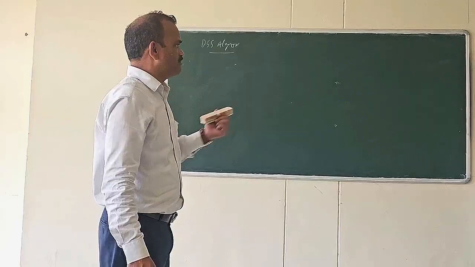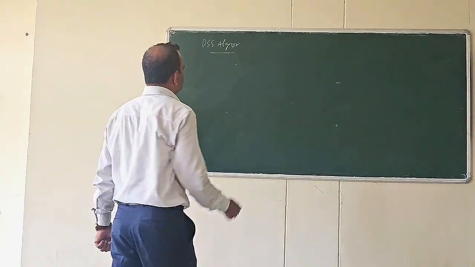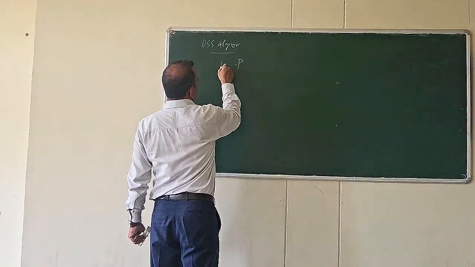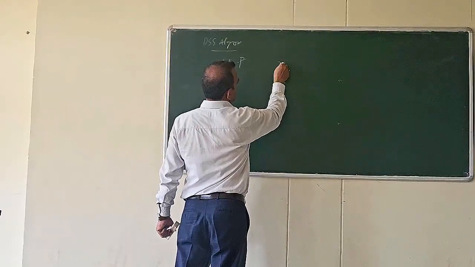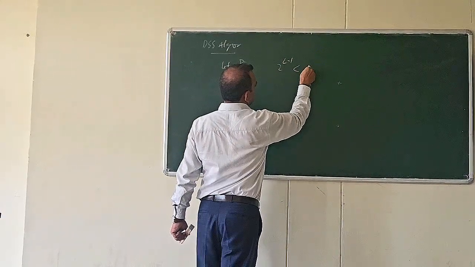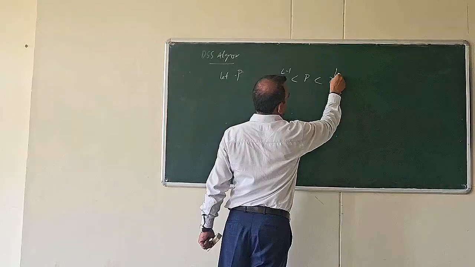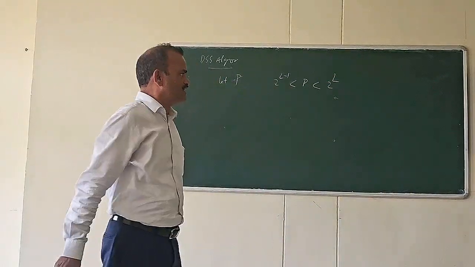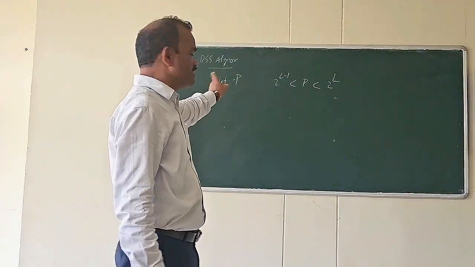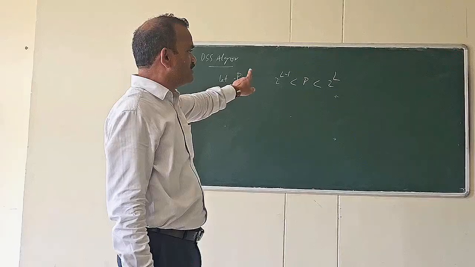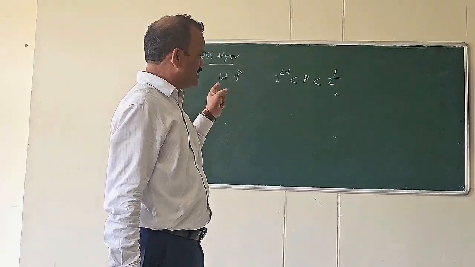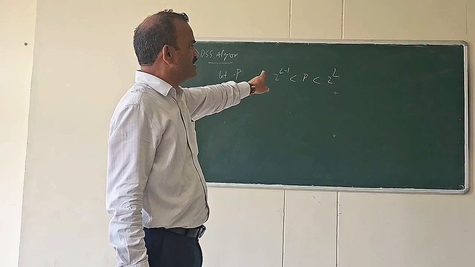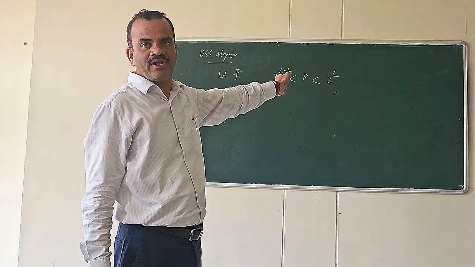Let P be a prime number, where 2 power n minus 1 is less than P, less than 2 power n, where n is the length of the prime number.